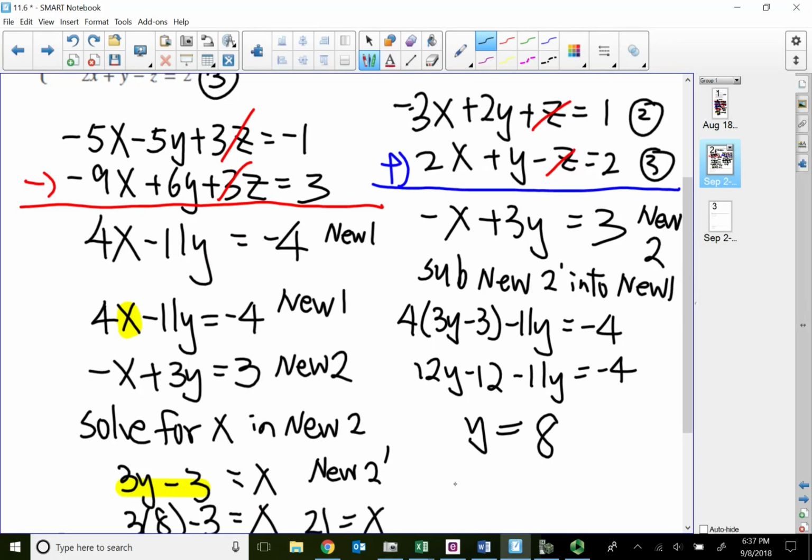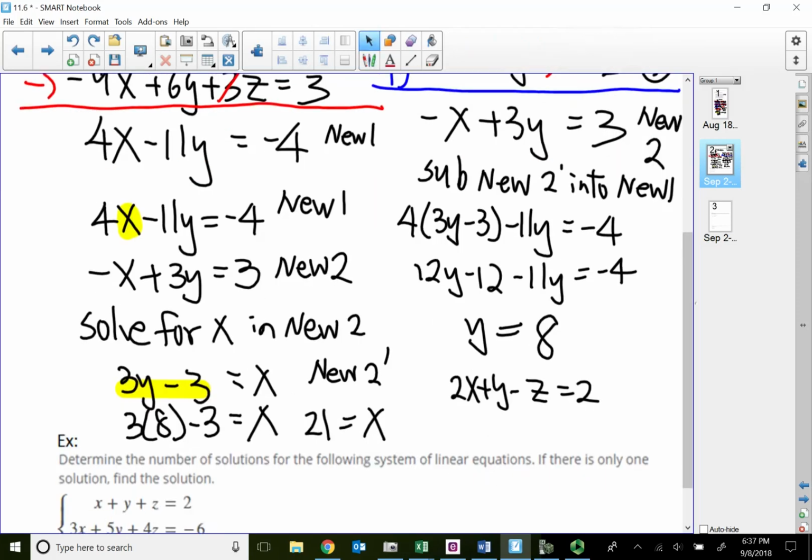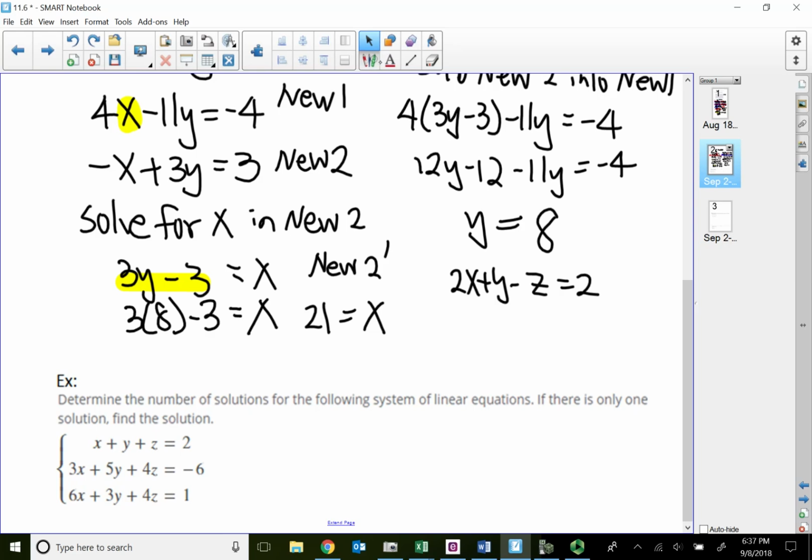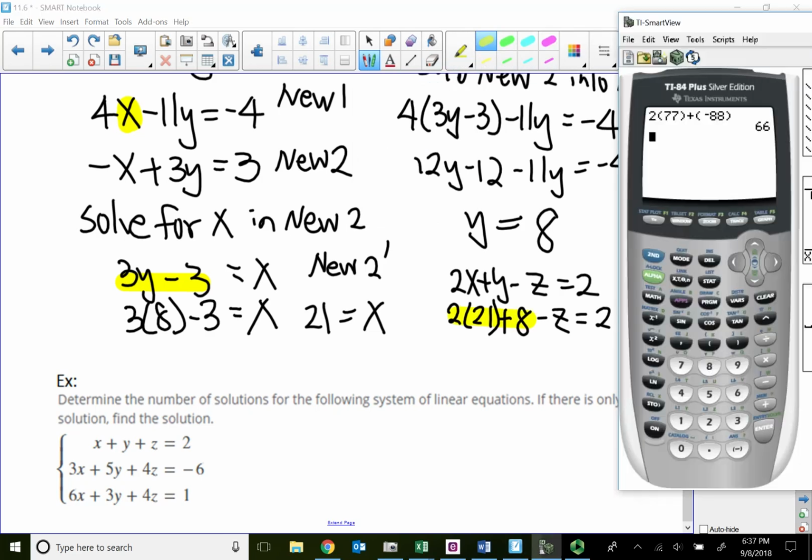So the third equation is 2x plus y minus z equal to 2, right? So now I'm going to say 2 times x, which is 21, plus y, which is 8, minus z equal to 2. So quickly, 2 times 21 plus 8 is 50.